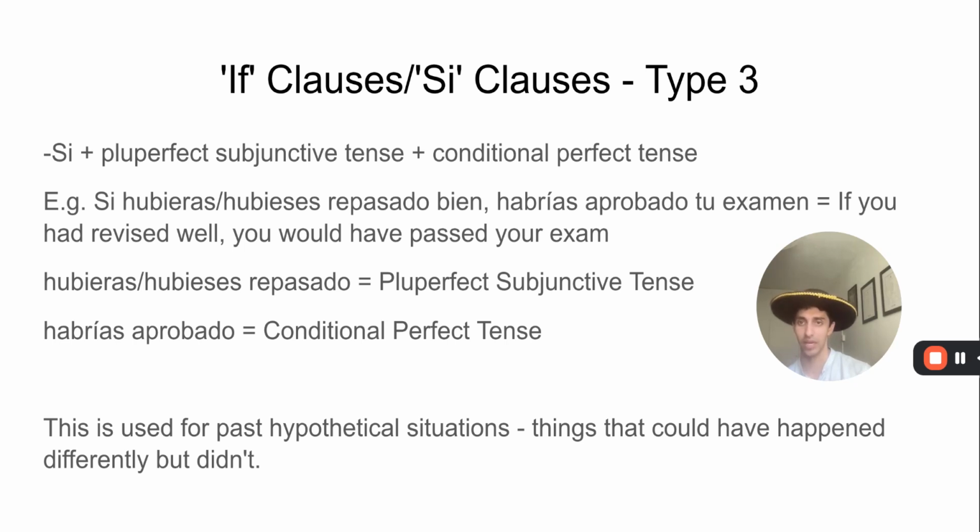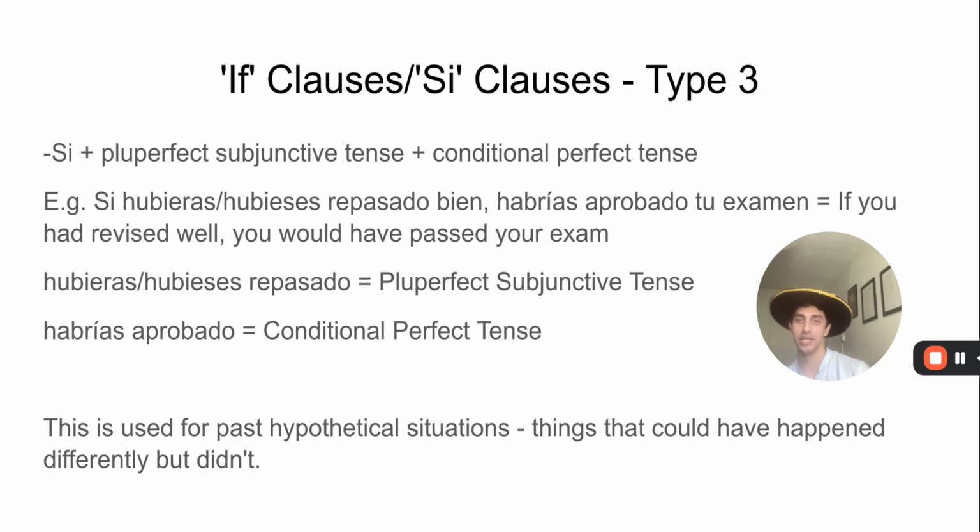Schools are extremely unlikely to teach these kinds of tenses, unless perhaps to the most advanced students only. So an example of this kind of C clause is si hubieras o hubieses repasado bien, habrías aprobado tu examen, which would translate as if you had revised well, you would have passed your exam.